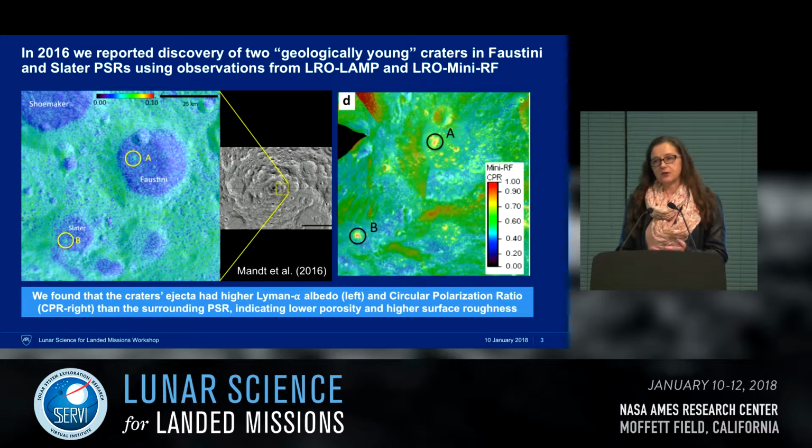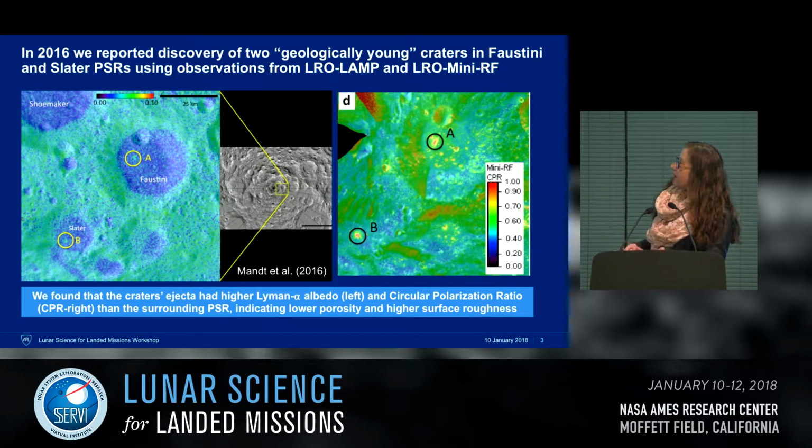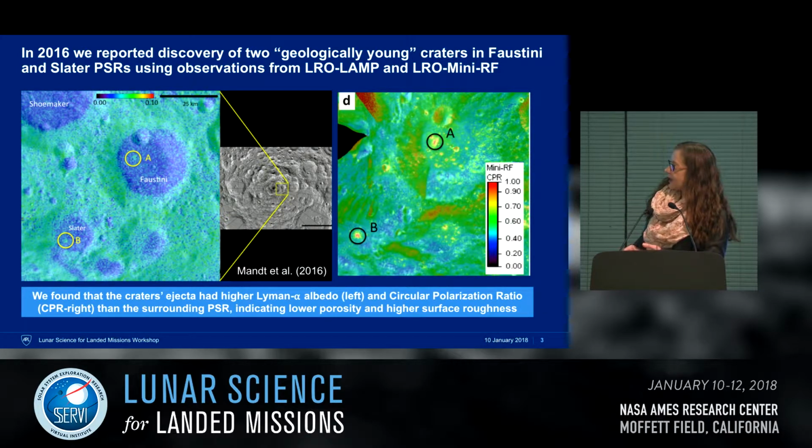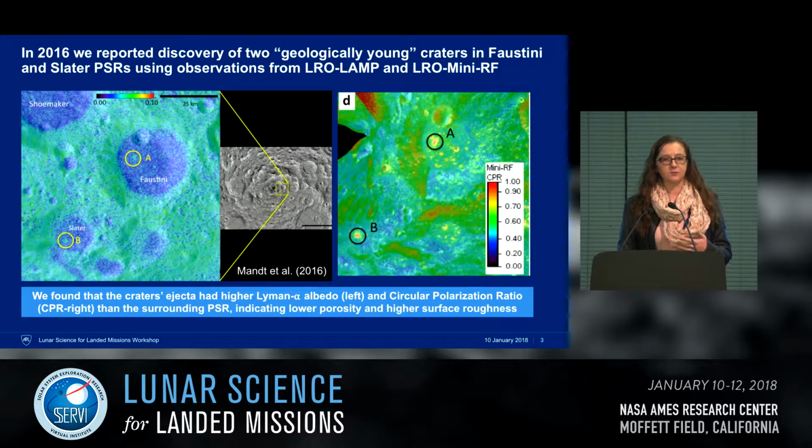We interpret the darker regions of the permanently shaded regions to be because the top microns of the regolith have a higher porosity than the surrounding, or than sunlit regions. We don't really know why this is. This is another reason to go to a PSR, study the environment, why it would have this effect on the regolith. But we did notice that when looking at these two PSRs, there were two patches in regions that do not experience sunlight that have brighter albedo in the Lyman alpha compared to the surrounding PSR region.